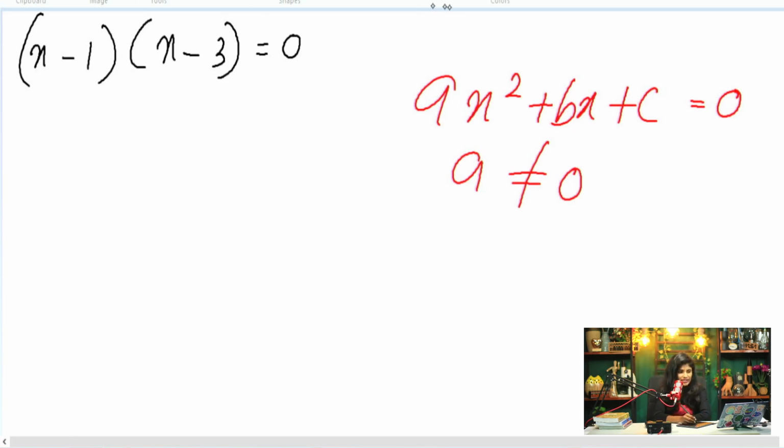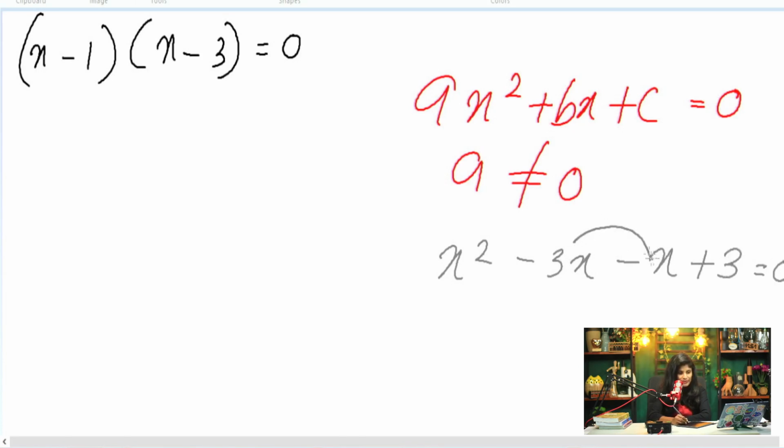So here, if I simplify the brackets, that will become x squared minus 3x minus x plus 3 equals 0.